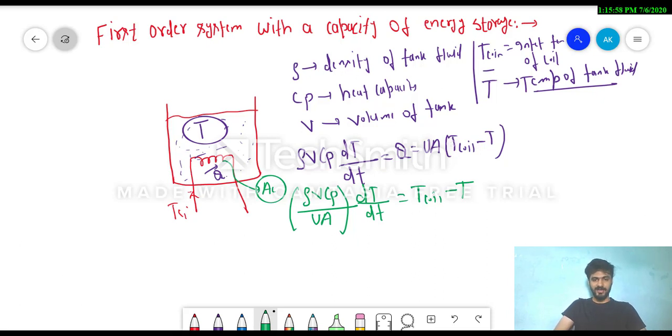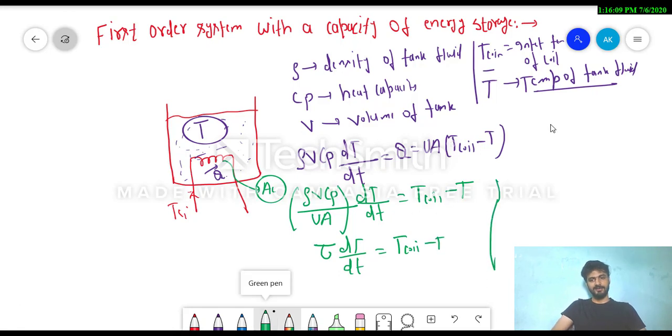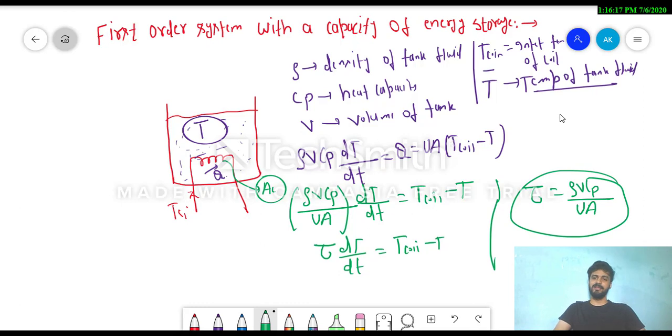So you can write tau dT/dt equals T coil minus T, and here tau equals rho V Cp upon UA. U is the overall heat transfer coefficient and A is the area of cross section.